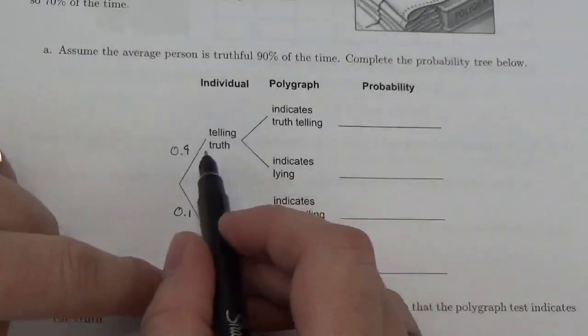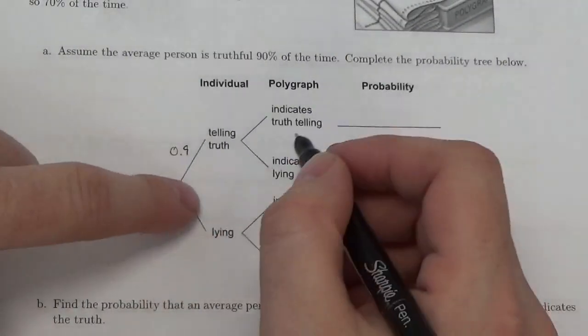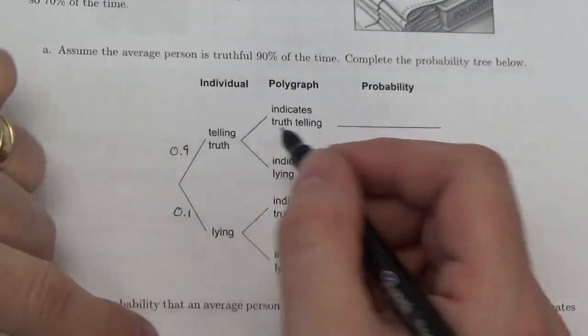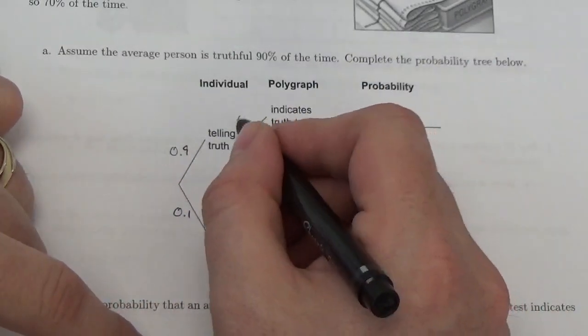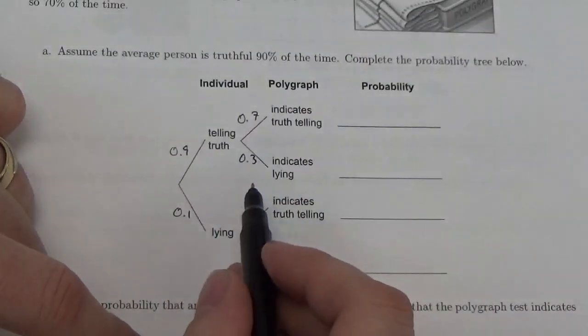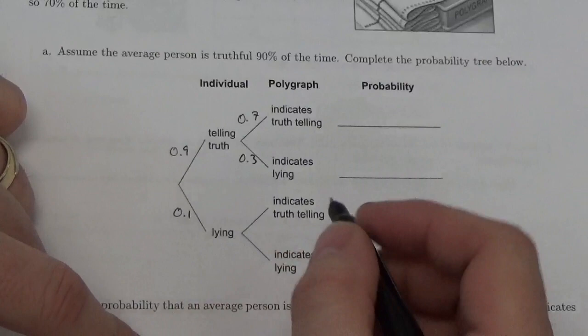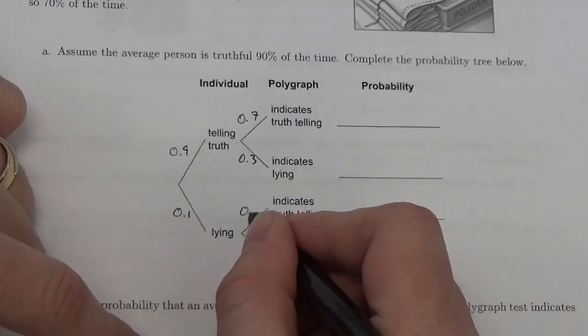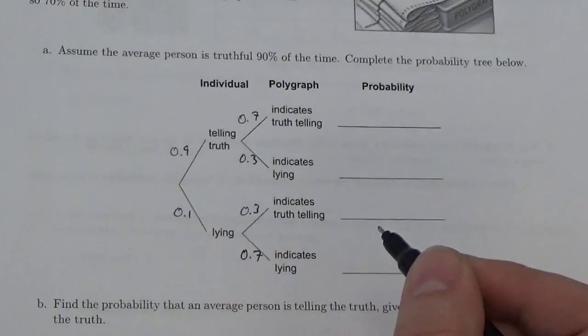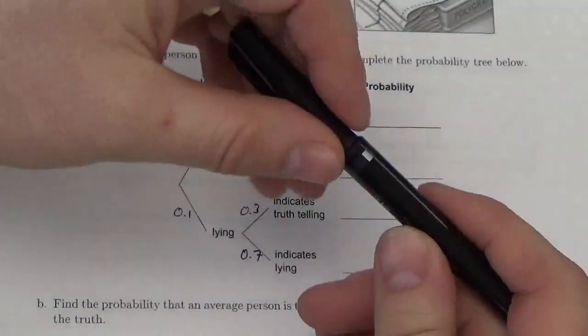and 10% of the time they're going to be lying. If you're telling the truth, then 70% of the time the polygraph will indicate that you're telling the truth, which means 30% of the time it gets that wrong. If you're lying, then 30% of the time it's going to say that you're telling the truth, but 70% of the time it's going to tell you that you're lying.